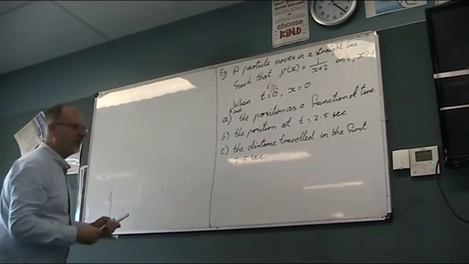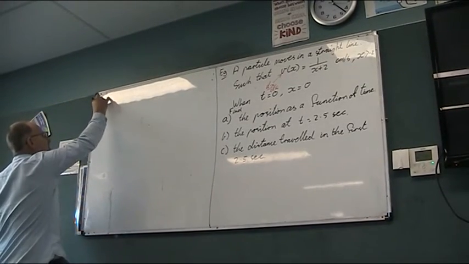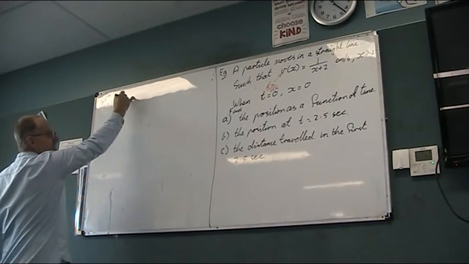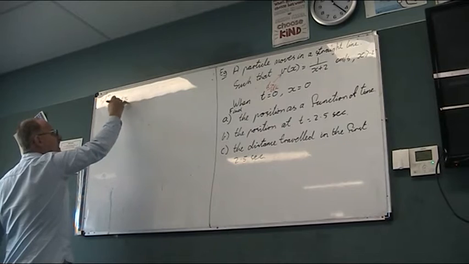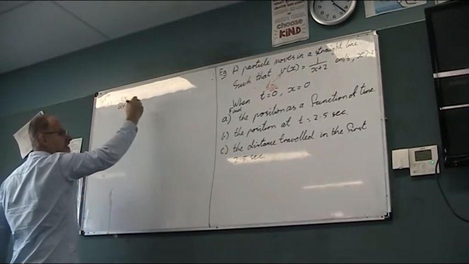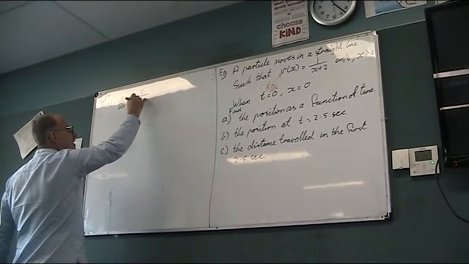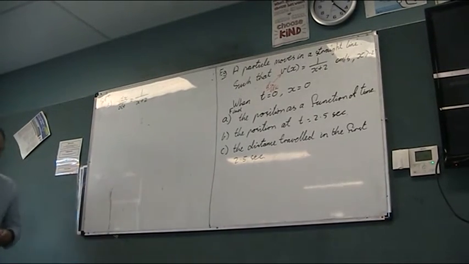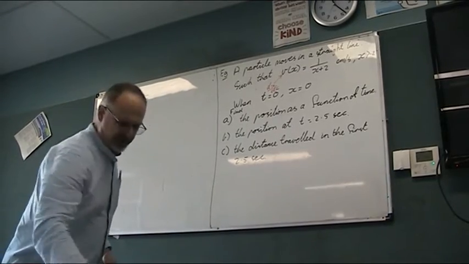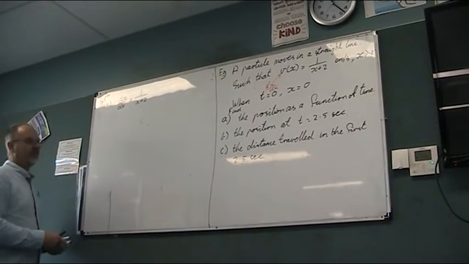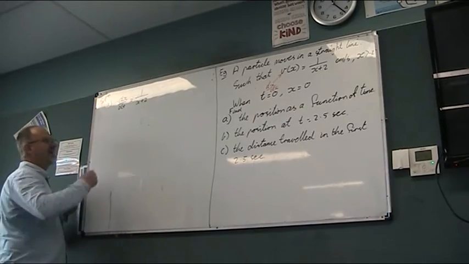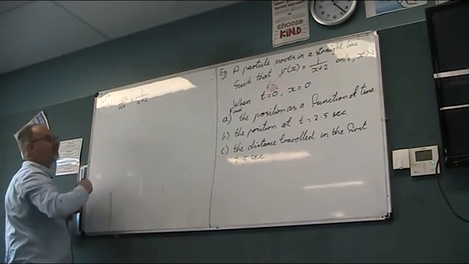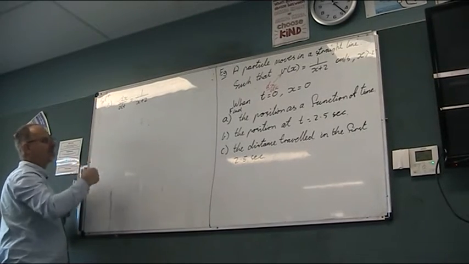All right, so our solution. So velocity, as I already mentioned, is dx/dt, and in this case, our velocity is given to us in terms of its position. So, as I already mentioned before, for us to anti-differentiate, because this is position, we've got to anti-differentiate with respect to x.